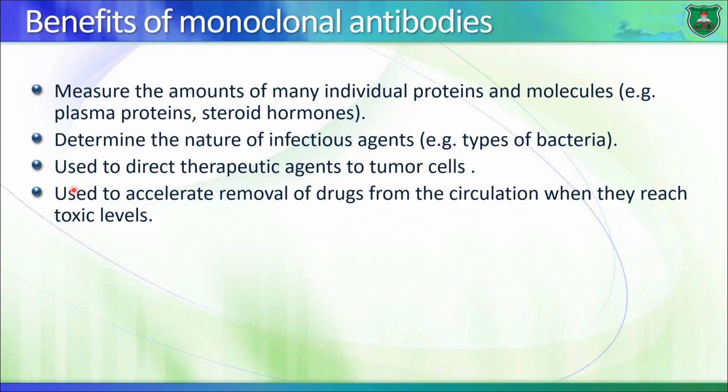The other thing is you can determine the nature of infectious agents. By using monoclonal antibodies against a certain type of bacteria, if the bacteria bind to this immunoglobulin, then specifically, of course, you can say that this bacteria exists in this sample. Monoclonal antibodies are used therapeutically, for example, against tumor cells.